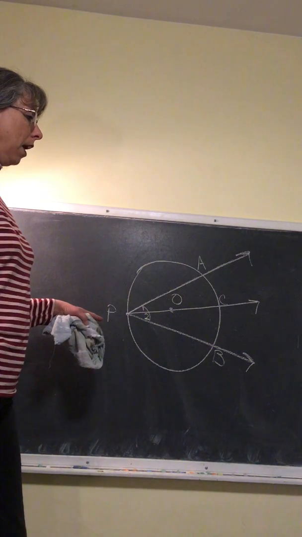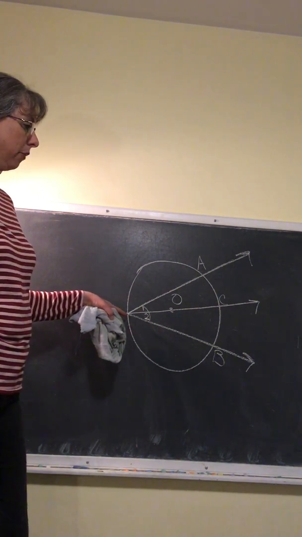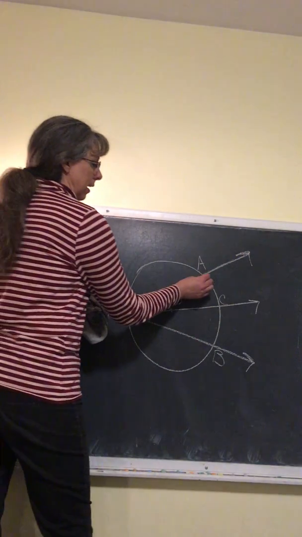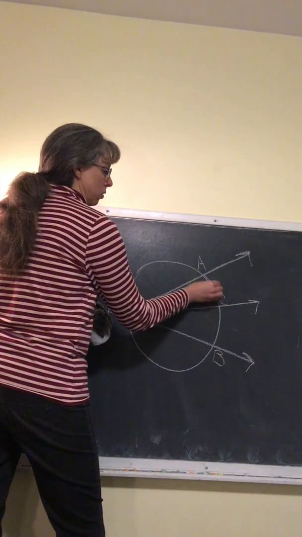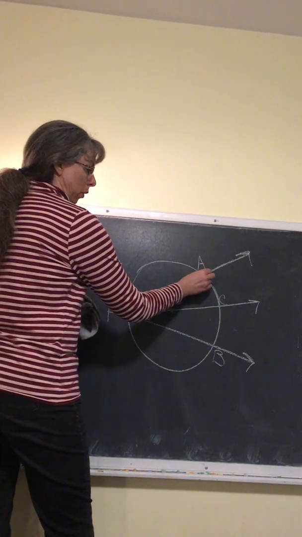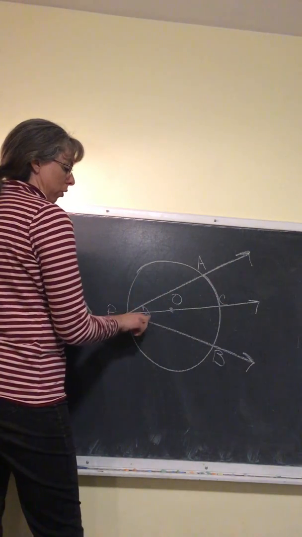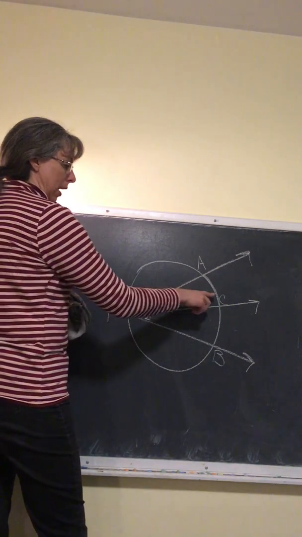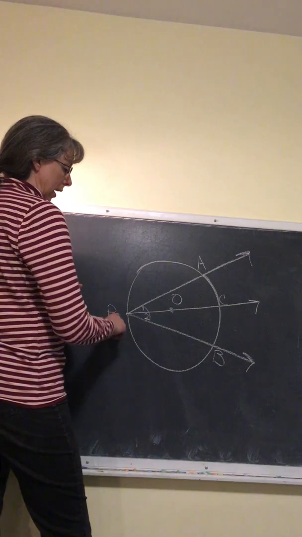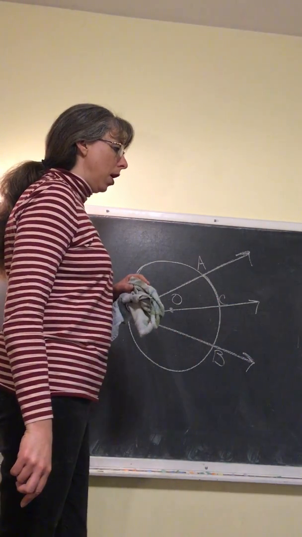Okay, because angle 1 equals half of arc AC, that's what we proved in our first example, that when one of the sides of the angle goes through the center of the circle, that works. So angle 1 equals half of arc AC, angle 2 equals half of arc CB.